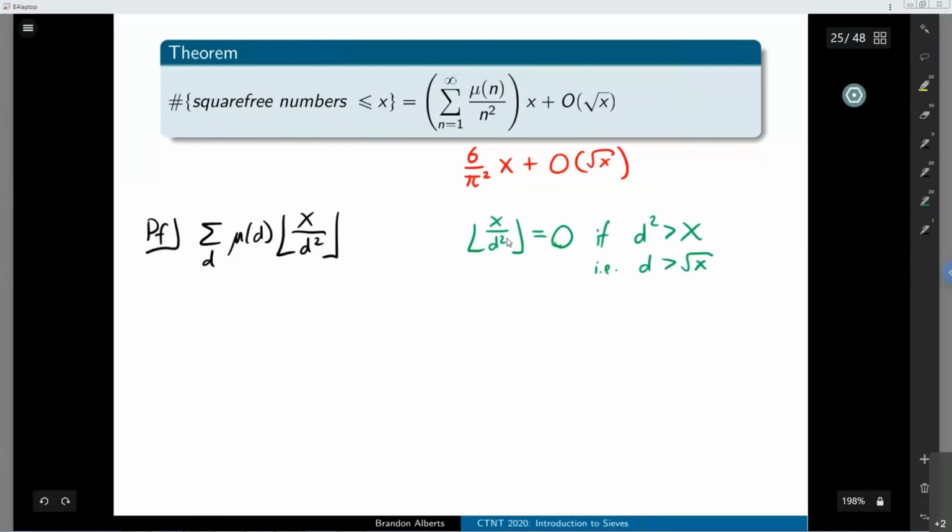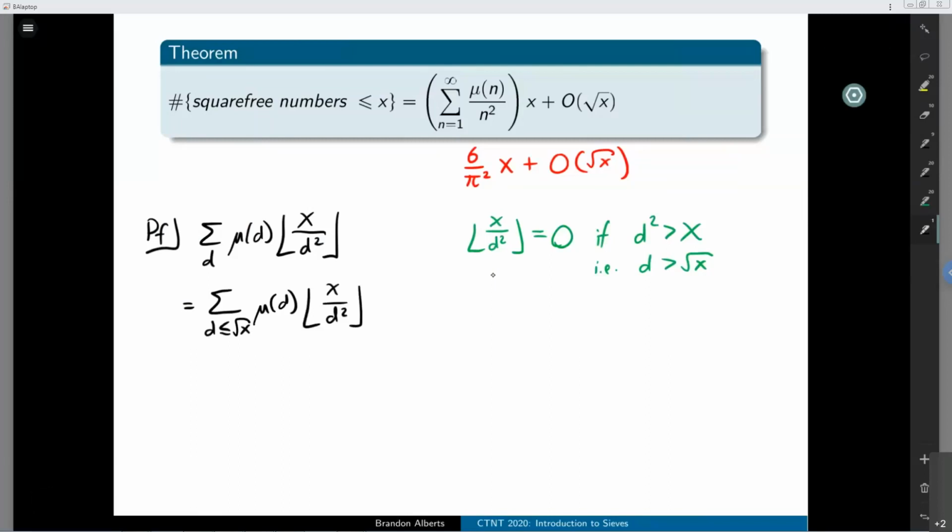So if d is bigger than the square root of x, then this floor function is just equal to 0. It goes away completely. So we don't need to think of this as an infinite sum. We can really say this is the same thing as the finite sum just over d less than or equal to the square root of x.